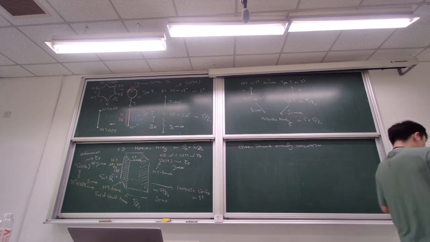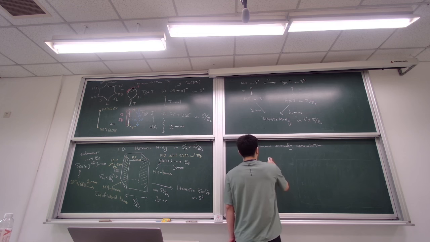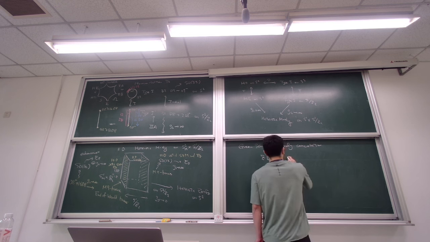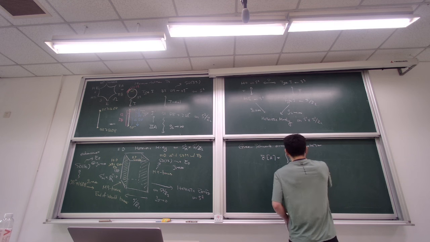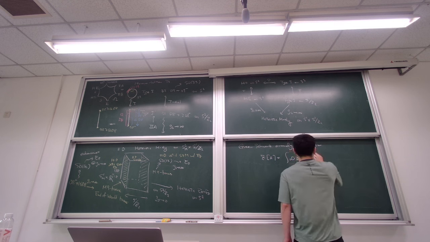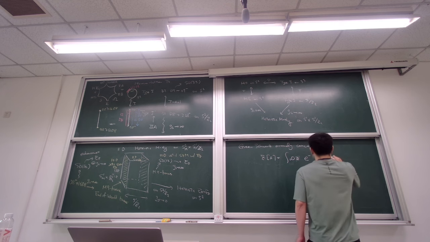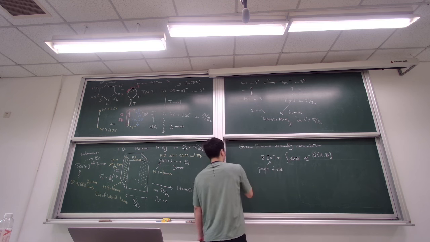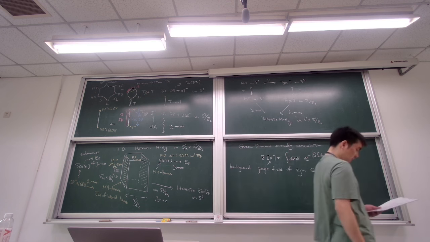Okay, so what is an anomaly? Just consider Z of A, which is given by the path integral, whatever, D phi, e to the minus S of phi and A. And then A can be understood as the background gauge field of the symmetry G. G can be anything.